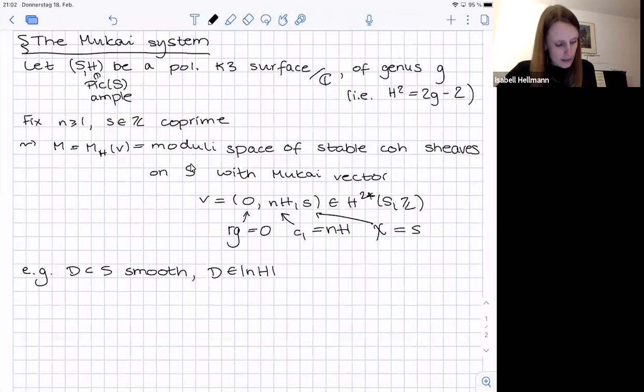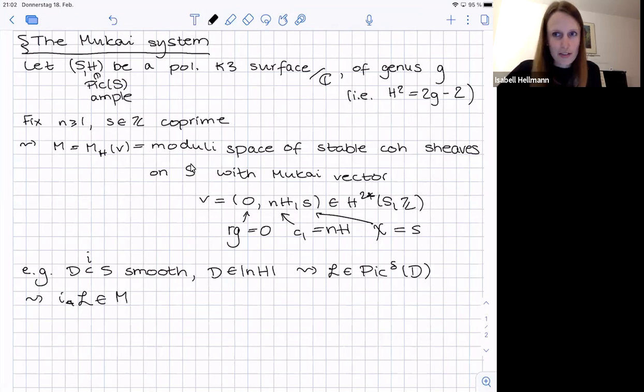And then L a line bundle of fixed degree. I denote the inclusion by i. And then i pushforward of L defines a point in M for the correct degree, of course, just so that the Euler characteristic is correct.